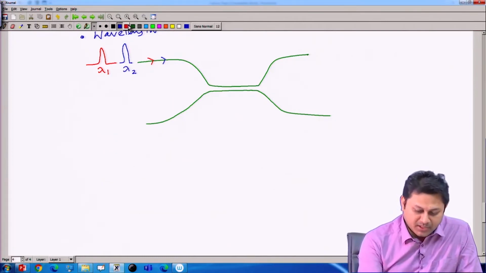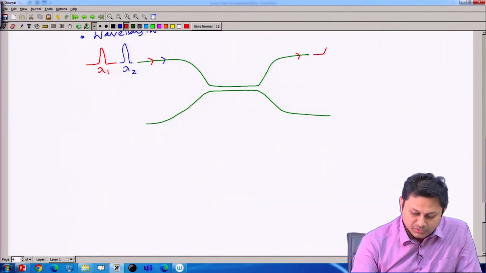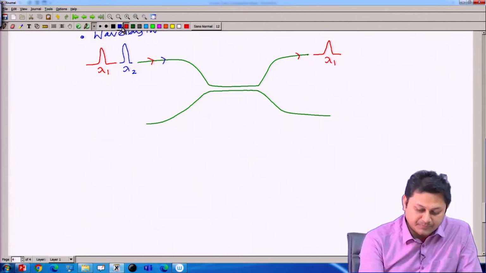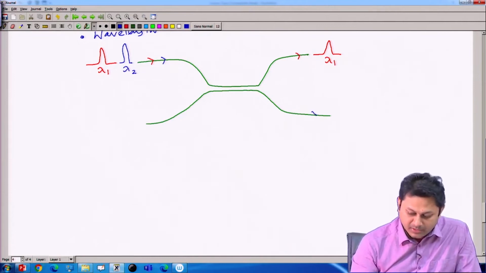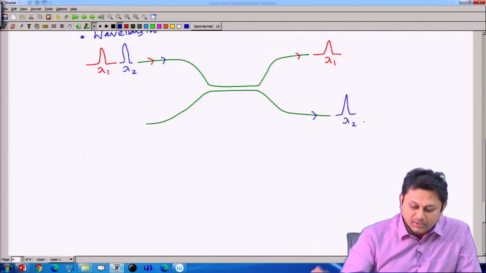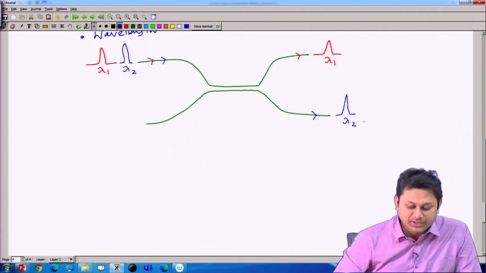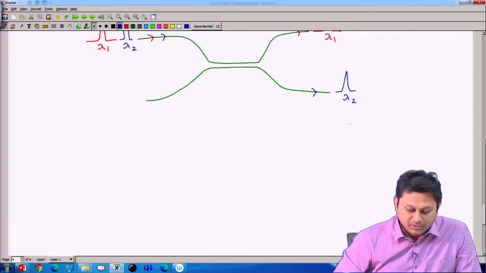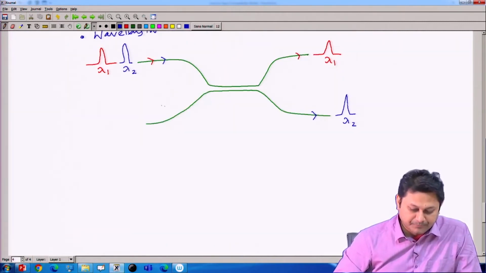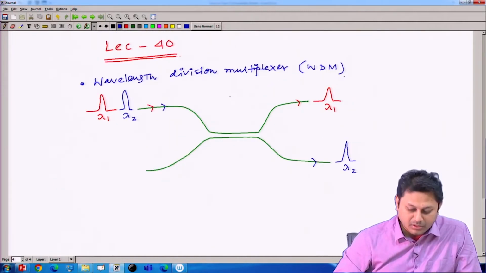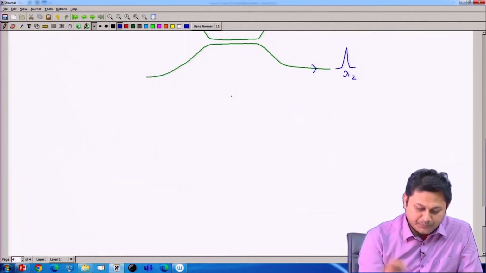In the output, I want the two wavelengths to separate. Lambda 1 will come to this branch and lambda 2 should be in this other branch. That we can do using the principle of the coupler.